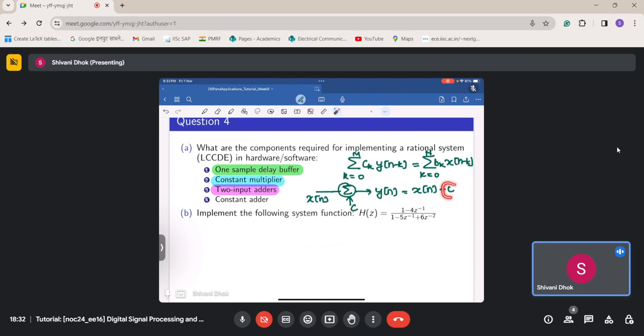Since we have this constant c, we can't say the system is linear, and that's why we don't need this constant adder.